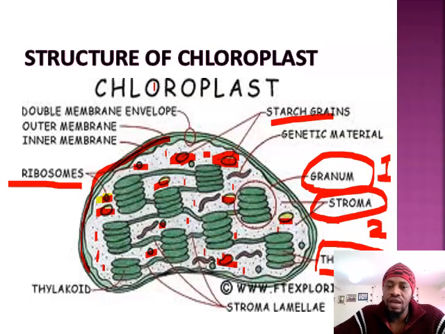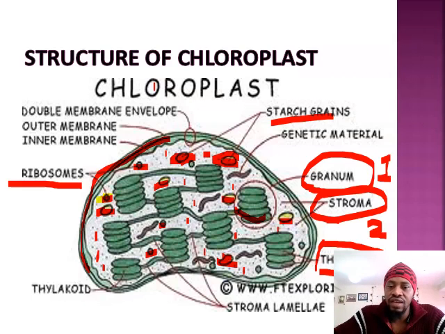It has the stroma, which is ground substance, where we have inclusions, one of which is the granum, which contains thylakoids, which contain chlorophyll to trap sunlight, and it has the ribosomes that are the sites of protein synthesis that will help to produce enzymes, and it's going to have enzymes which will drive the second stage of photosynthesis, we'll talk about that later.